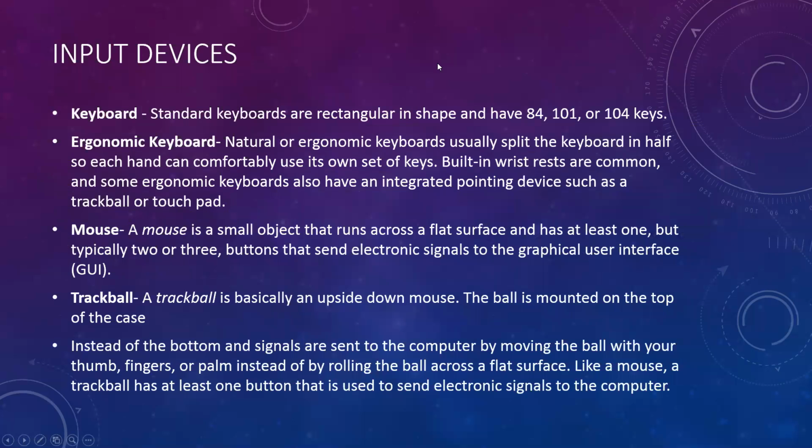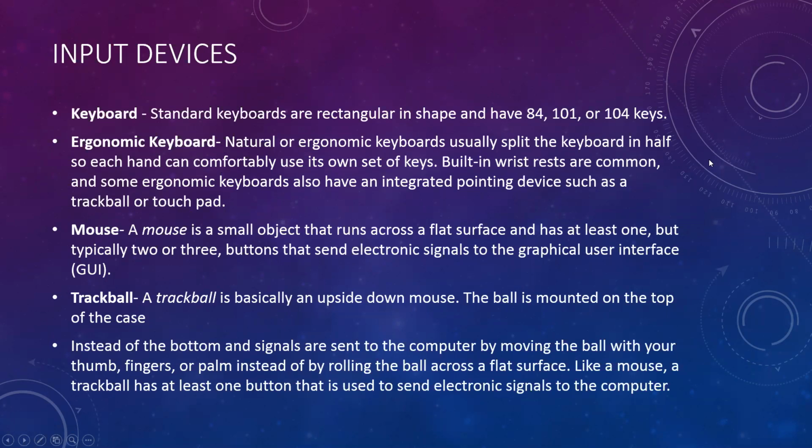Then, we have the keyboard. Sa keyboard, are rectangular in shape, have 84, 101, or 104 keys. So meron niya yung mga tinatawag natin may numpad o yung mga wala. Then we have the ergonomic keyboard.